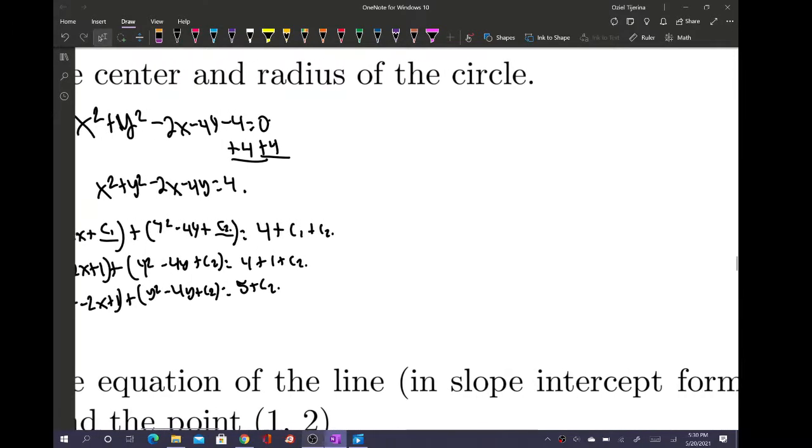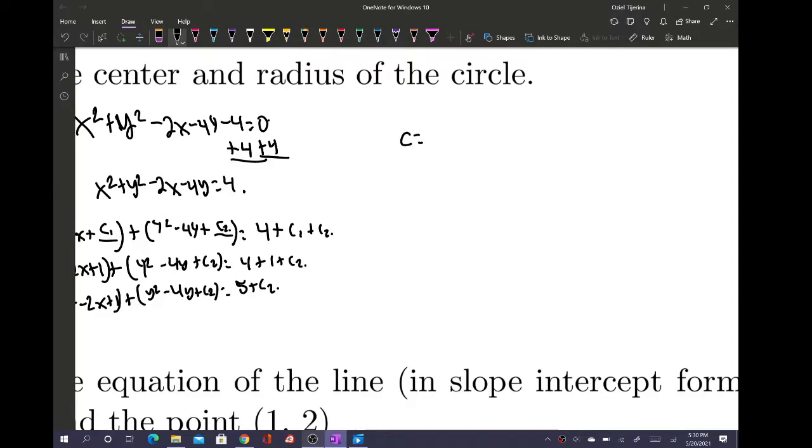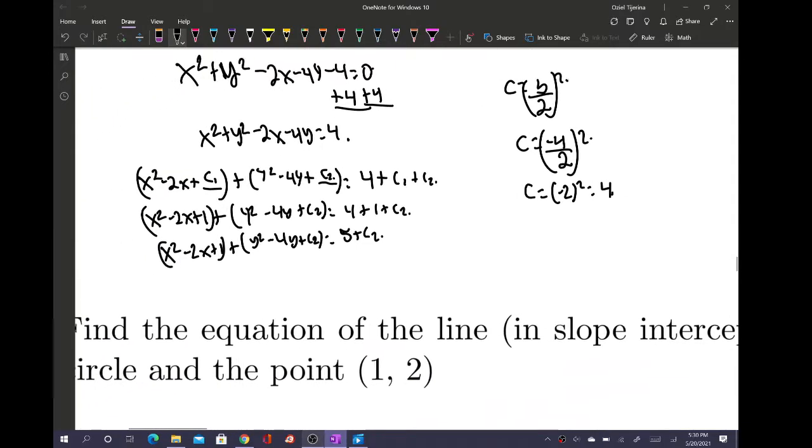You have to do it again for the y term. We know that c equals b over 2 quantity squared, and for our b value we have negative 4, so c equals negative 4 over 2 quantity squared, which is negative 2 squared, which is 4, right?